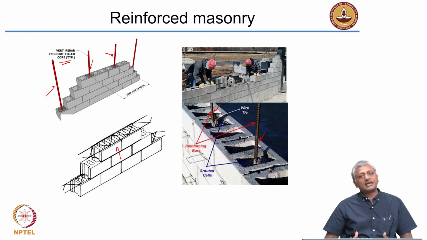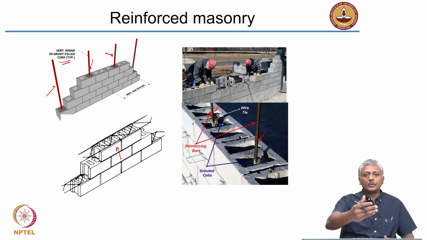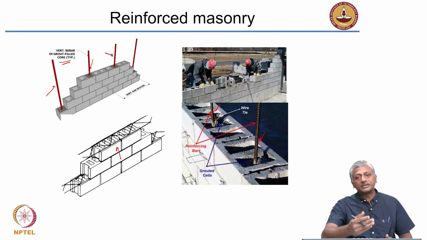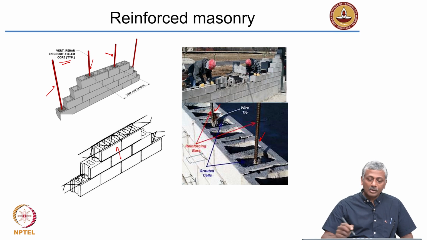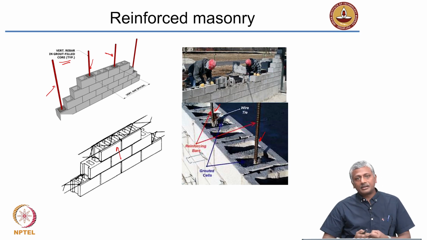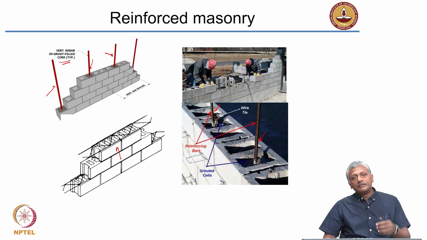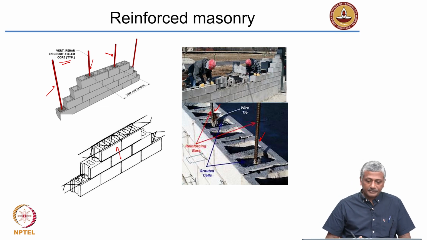You do not need that level of lateral resistance, but you can calculate the amount of resistance required and provide it only in every alternate or every third cavity. And these are all grouted to ensure that the material is in place. Again, grout is nothing but a flowable mortar which fills up the gaps and hardens so that the steel bar is kept in place.